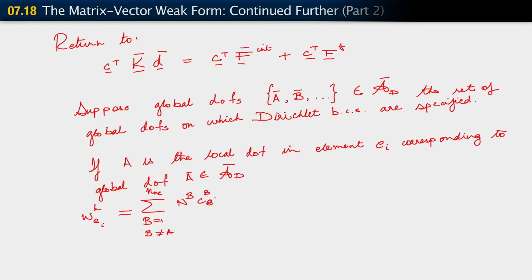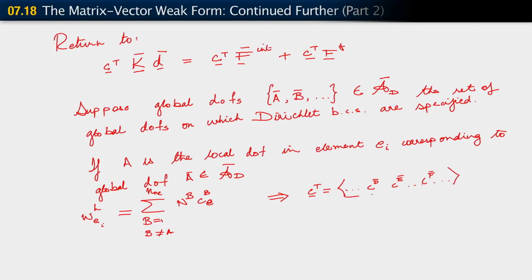Which essentially corresponds to the fact that when we look at the C vector, C transpose, it will have, you know, C D bar, C E bar, corresponding to various global degrees of freedom, and it will just go on like this, F bar and so on.